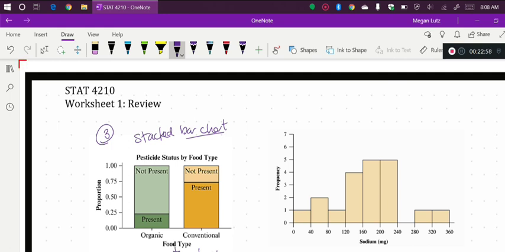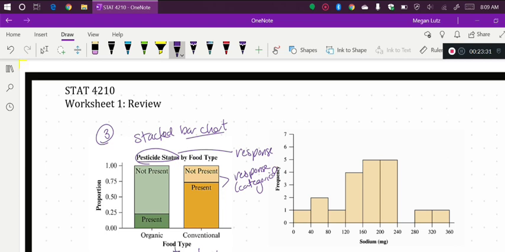Our response variable then is the status of the pesticide, which has levels of present or not present. And because it's present or not present, that is also categorical. So the two different segments of each bar are the levels of our categorical response.